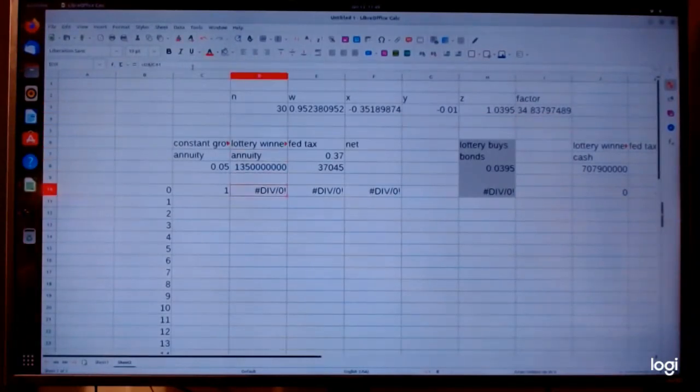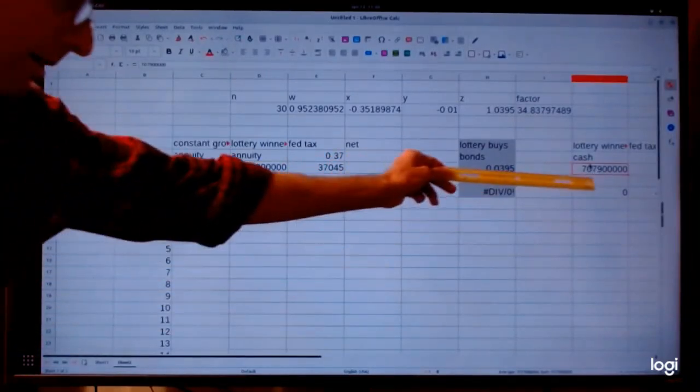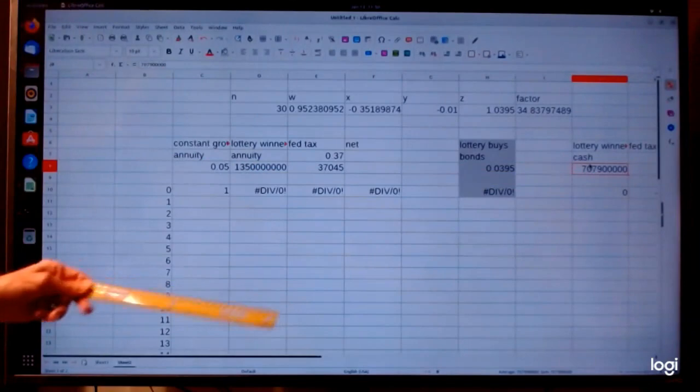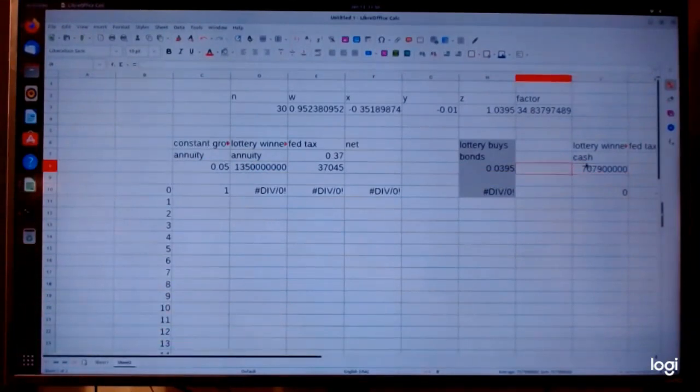Okay, now that we've got our factor for our constant growth annuity due, now there's the estimated cash value. So we need the cash value is equal to, let's see, that first payment is going to be what?